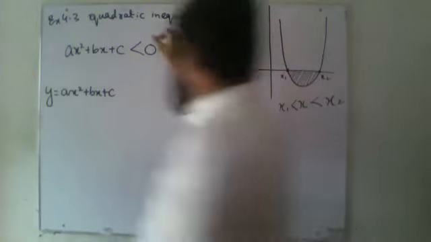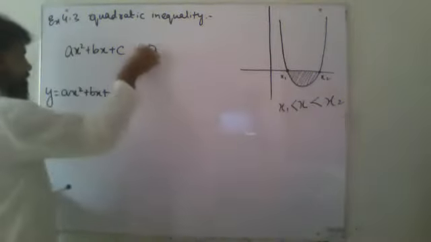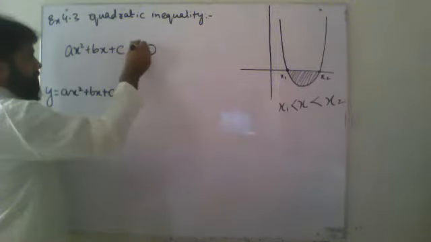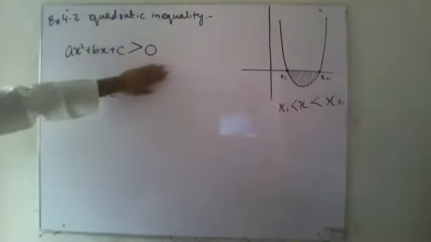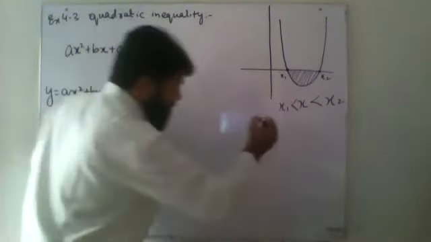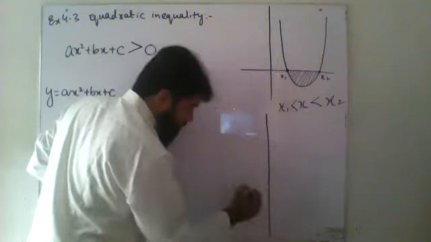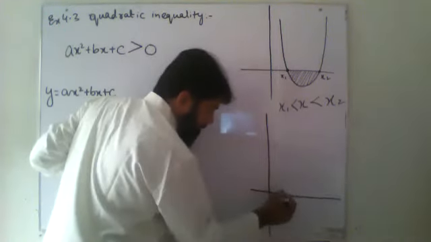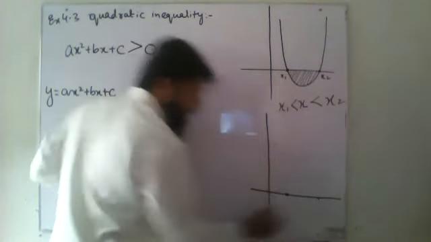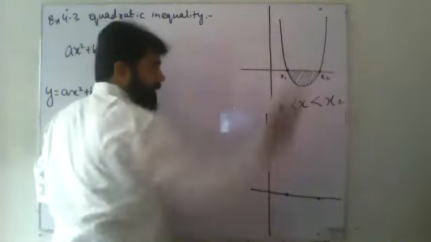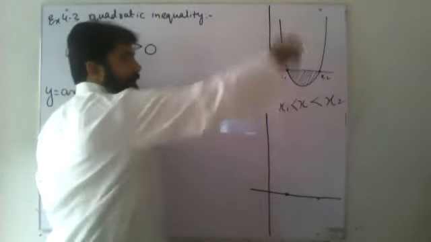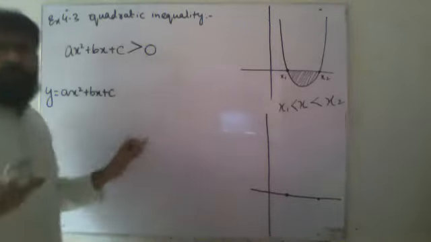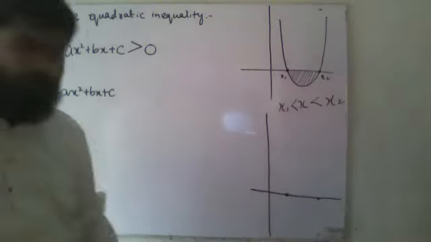For instance, if this curve value is greater than 0, then what will happen? See, again I am making a curve, and this curve can be in this region, or in this region, or half in this region and half in this region. It can be anywhere. It will not make any effect on my question.